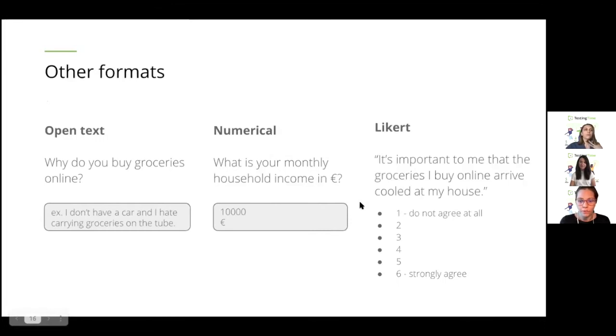We use open text questions if we want to know more about the user. For example, what are the reasons they buy groceries online? This would be a very individual question, and we couldn't capture all the possible answers in a multiple select question. And it will also not be counted as qualify or disqualify.